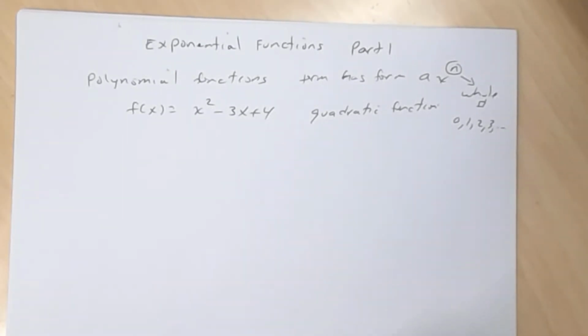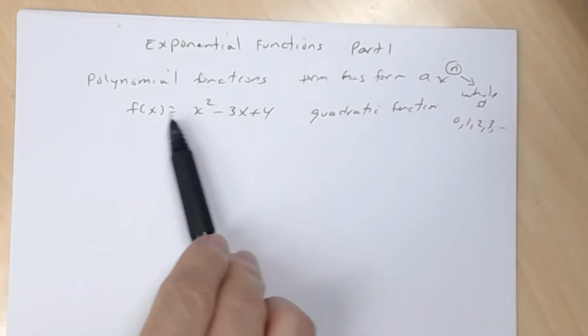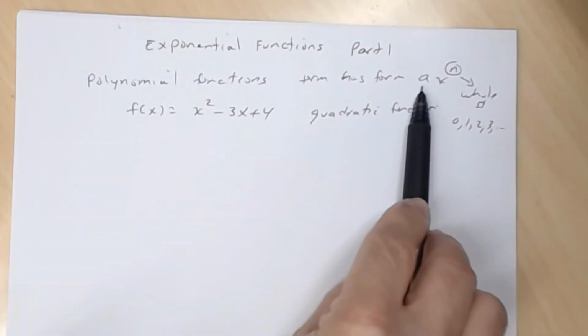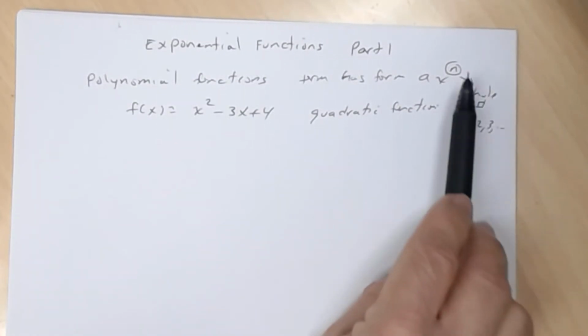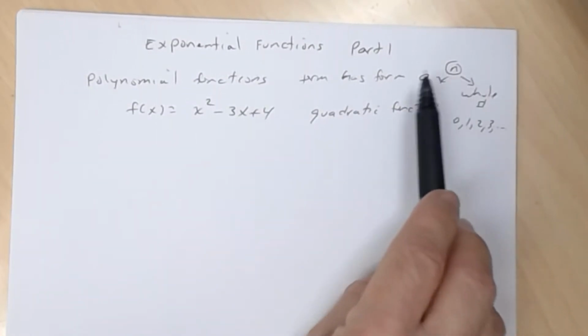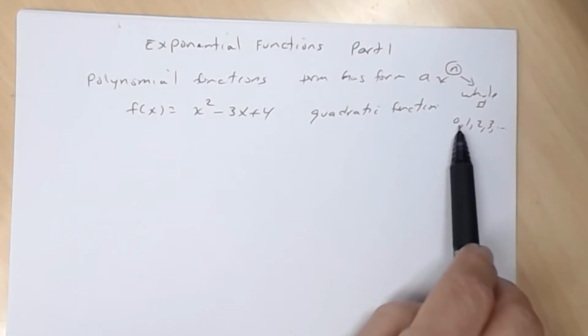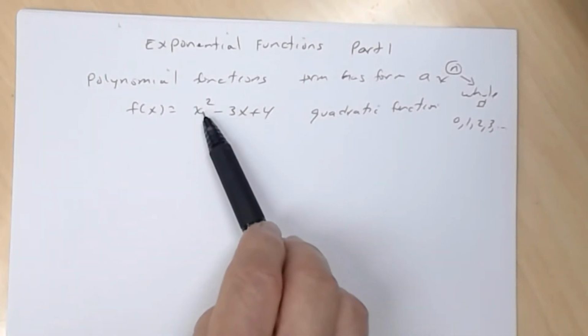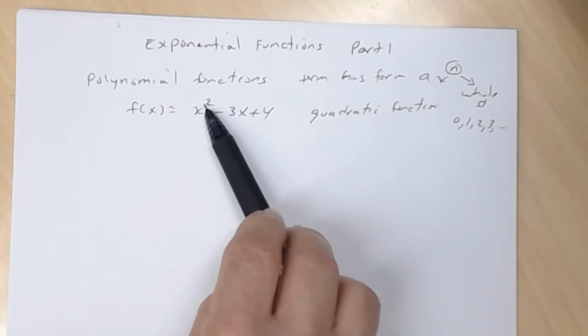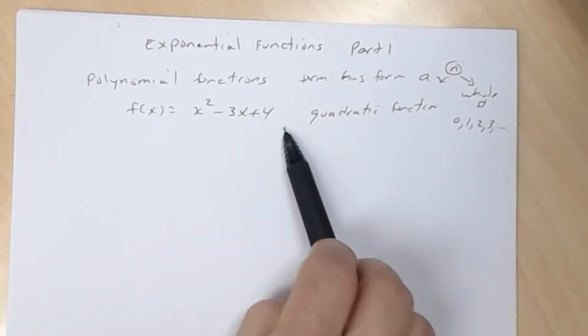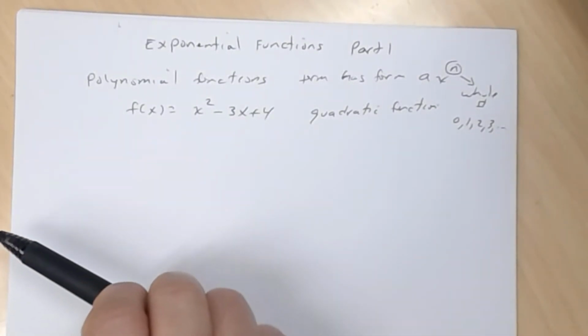And a can be any real number, rational or irrational, but n must be a whole number. Cannot be negative, cannot be a fraction, okay? Must be one of these numbers. And so notice that in each of these terms here, your exponent's 2 here, your exponent's 1 here, and then you have your constant, okay?